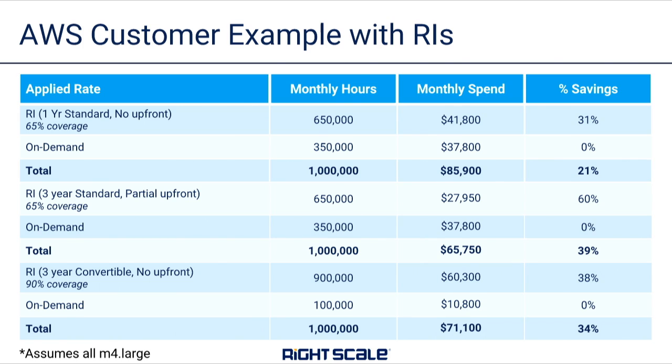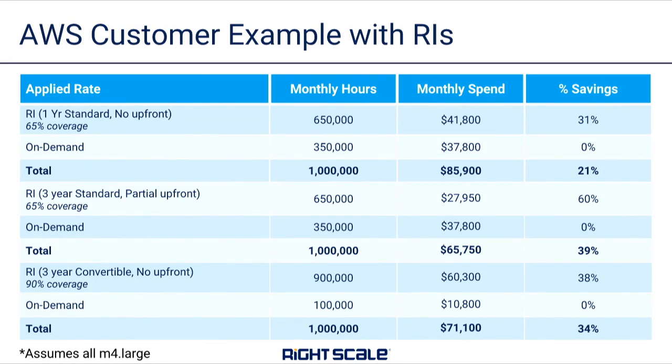So what we're going to look at here to keep it apples to apples and try and match some of the flexibility in the Google pricing scheme that allows you to shift instance sizes and families and so on. We're going to map the first one, which is a 1-year, and the third one, which is a 3-year convertible.